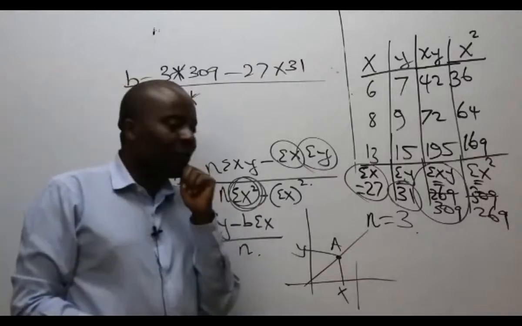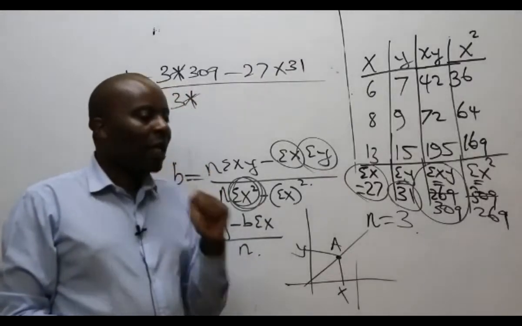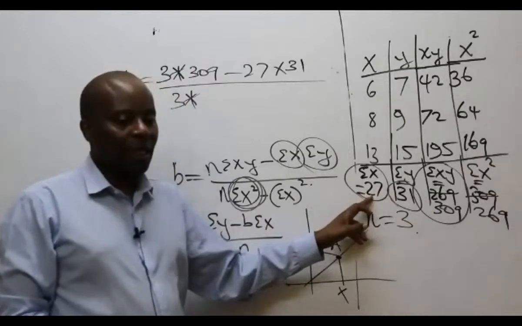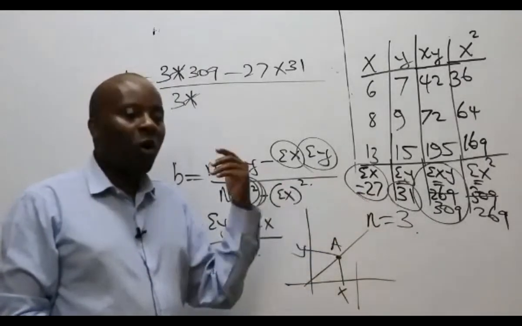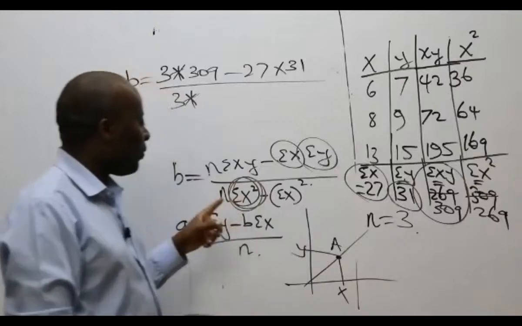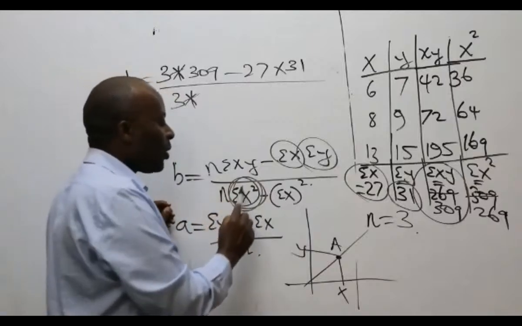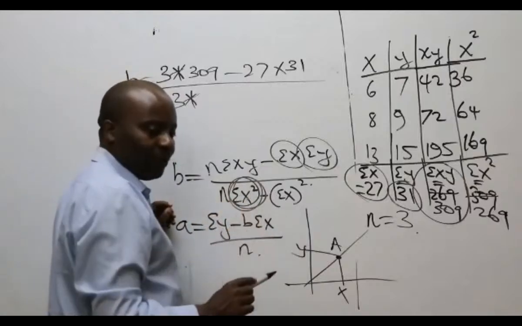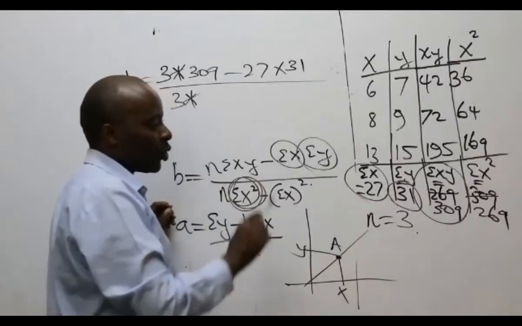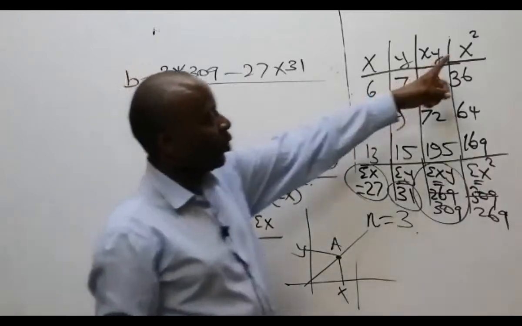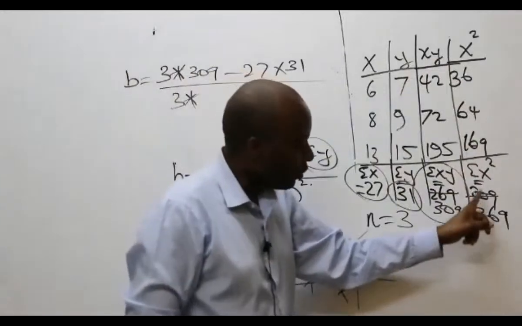Iko mwingine aliniambia ati mwalimu, summation x squared ati ni sawa na 27 squared. Uongo. This summation x squared, if you look at it very well, first of all, they want you to square x alone. Summation of x squared is here.